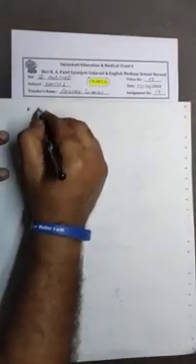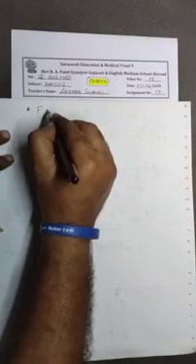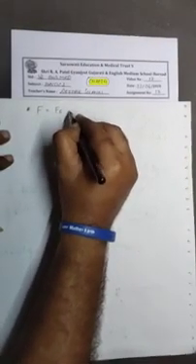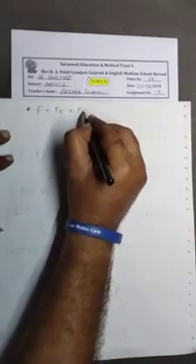Okay, see, when charge is moving, that moving charge is under the effect of both fields, that means electric field and magnetic field. So we will have the total force acting on a charge given by F is equal to F electric plus F magnetic.